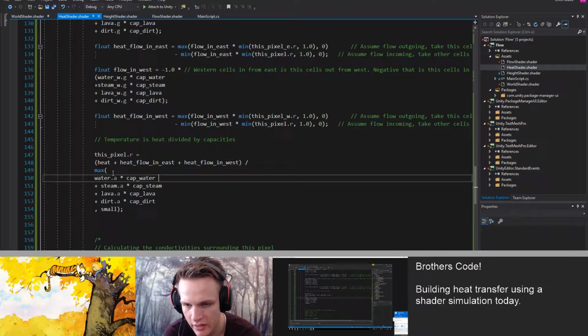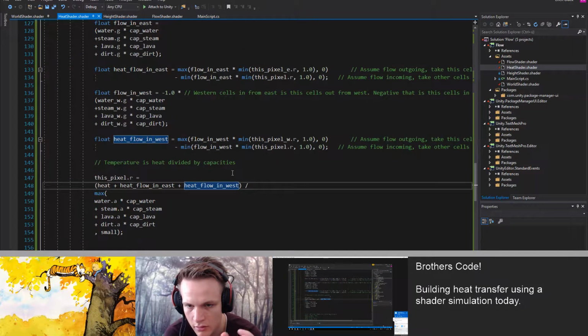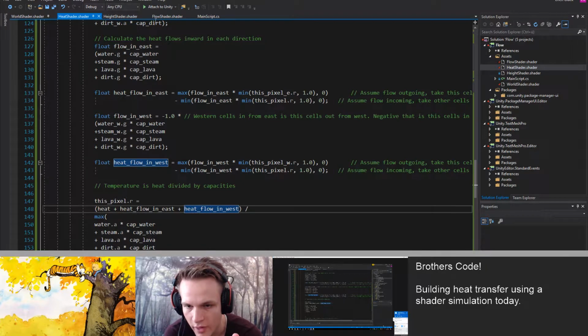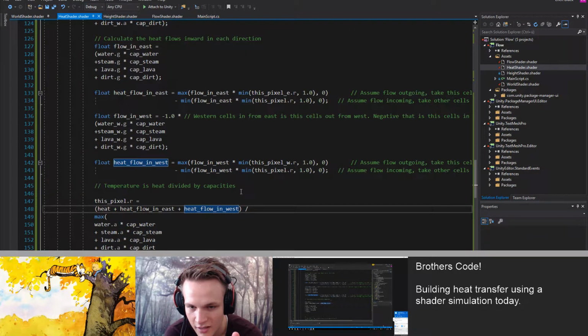It looks like the heat isn't ever leaving a pixel. Does that seem right? Wait, wait, wait. Hmm. That's exactly what's happening. What do you mean? Heat flow in is never negative.